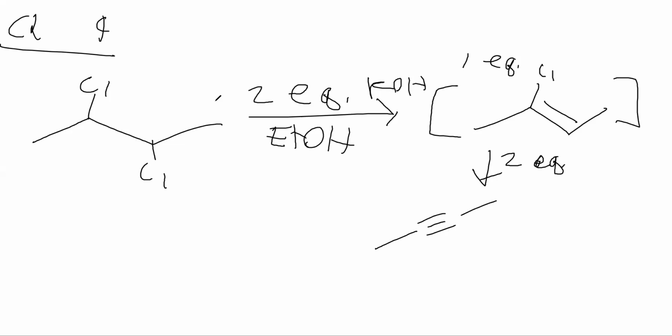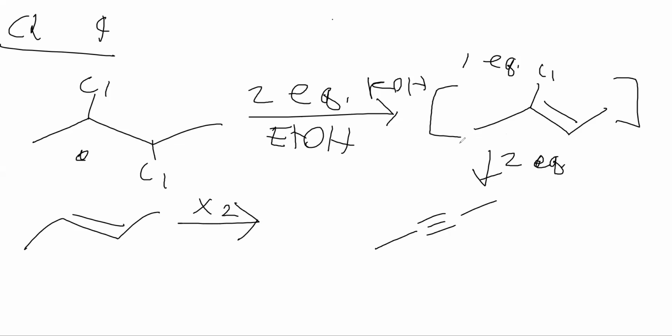So if you started with a double bond and you were asked to get to a triple bond, you would just add X2, and that would lead to this up here, and then you'd add two equivalents of base, and that would give you a triple bond.